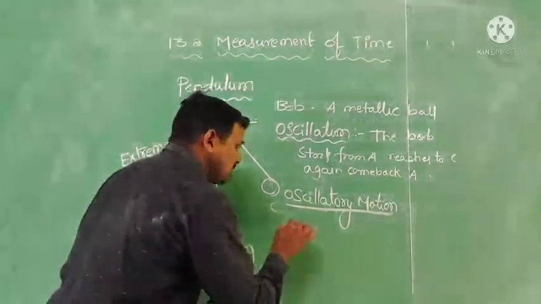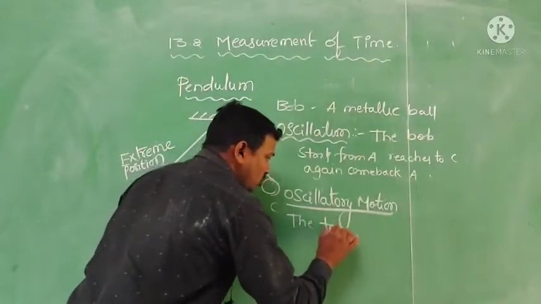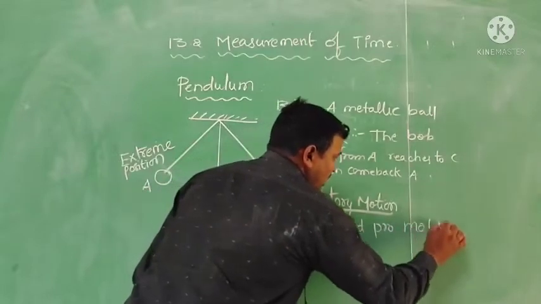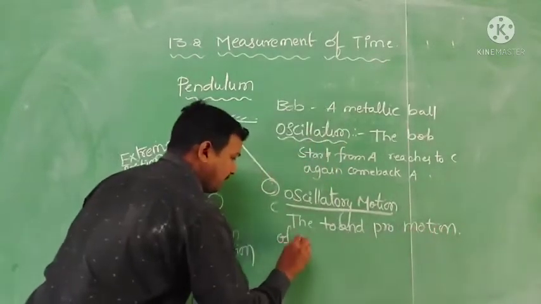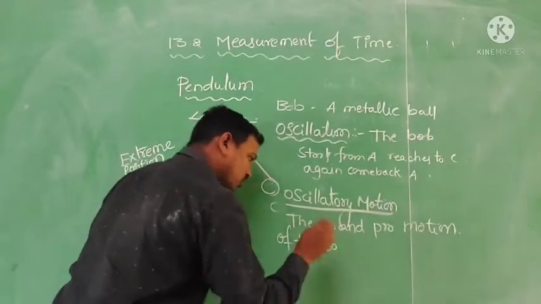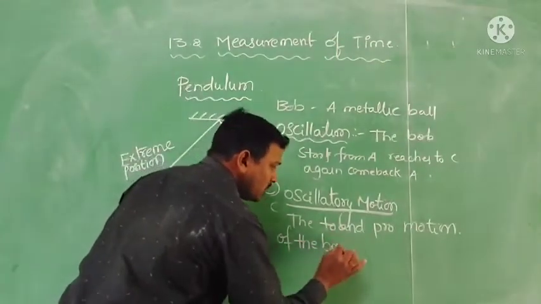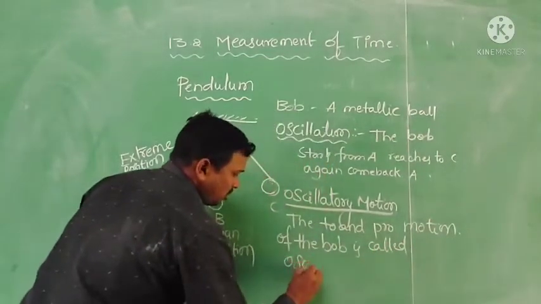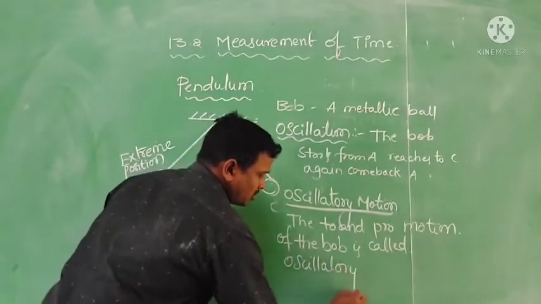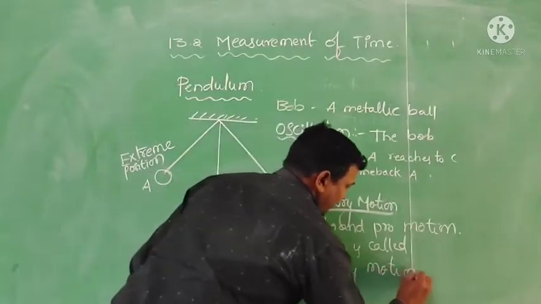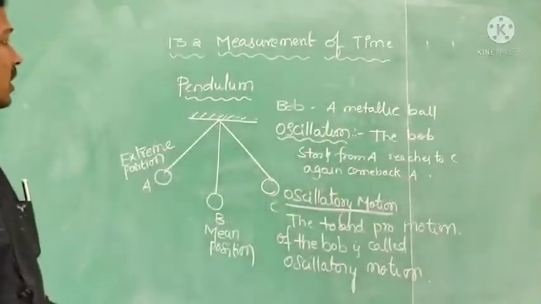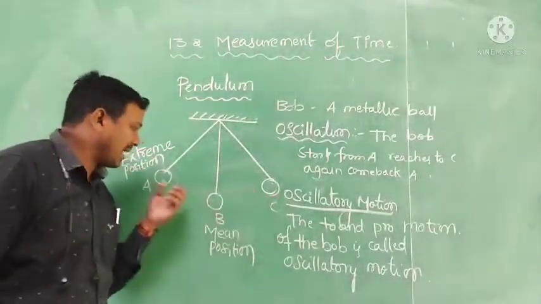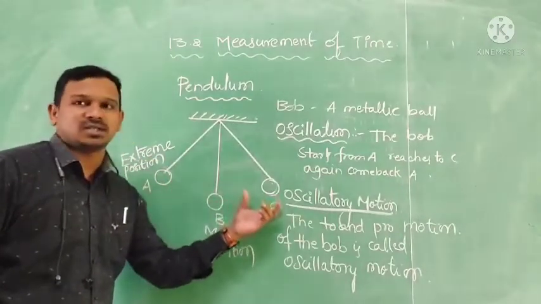So we can write: the to and fro motion of the body or bob is called oscillatory motion.